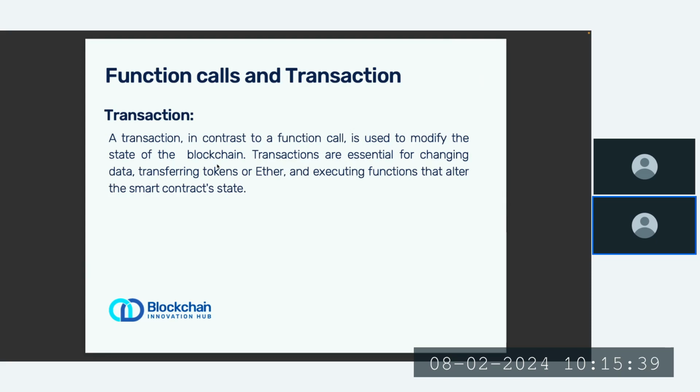If you want to change the value stored in a variable, that's you modifying the state of that variable. So in terms of modifying the state of the blockchain, a transaction is used to do that. If you want to change data, add more data, transfer tokens, transfer Ether, or execute a function that alters the smart contract state, all of this can be done as a transaction.